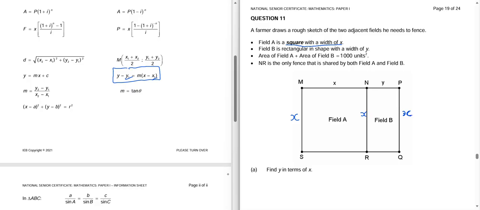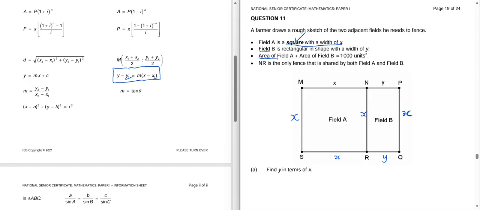And then this other side, we said it's x, this other side will be y. We are putting everything that we have before we solve the problem. Field B is a rectangle with width y. Okay, cool, nothing I can deduce there. And that's why they put square in bold, because they knew that maybe one could get confused there.